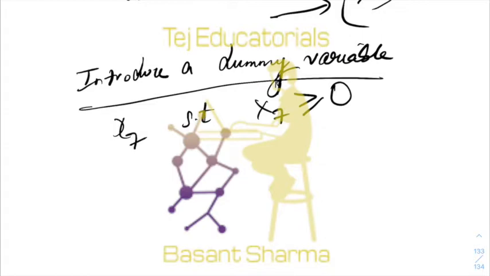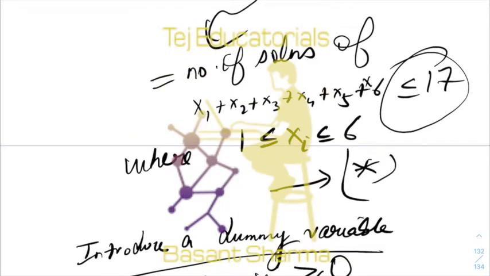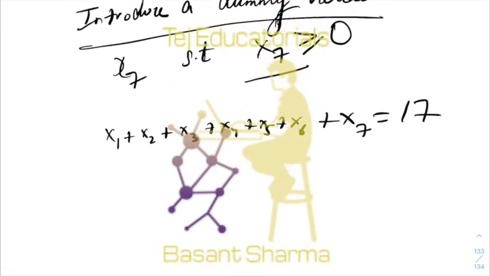Introduce a dummy variable x7 such that x1 plus x2 plus x3 plus x4 plus x5 plus x6 plus x7 becomes equal to 17. This sum is less than or equal to 17, that is, the maximum value is 17. So I add something to it so that it becomes equal to 17, and that something is x7, which can take values greater than or equal to 0.